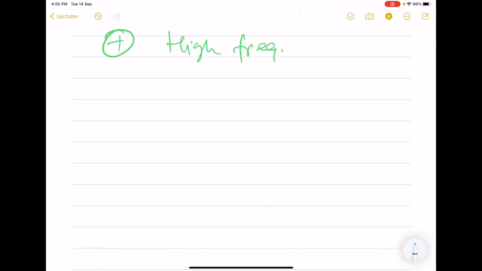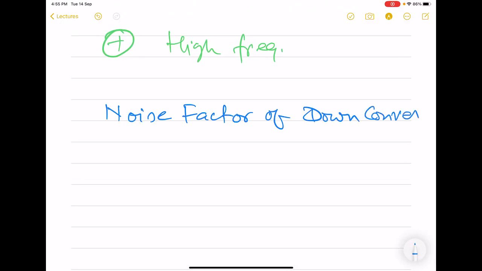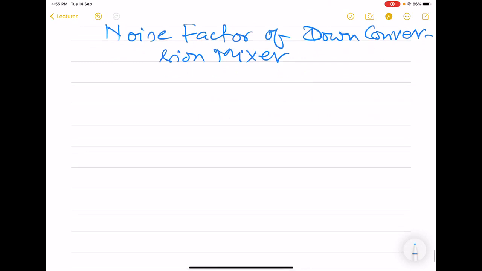Now we will talk about the noise factor of the down conversion mixer. This mixer is encountered in the receiver path.